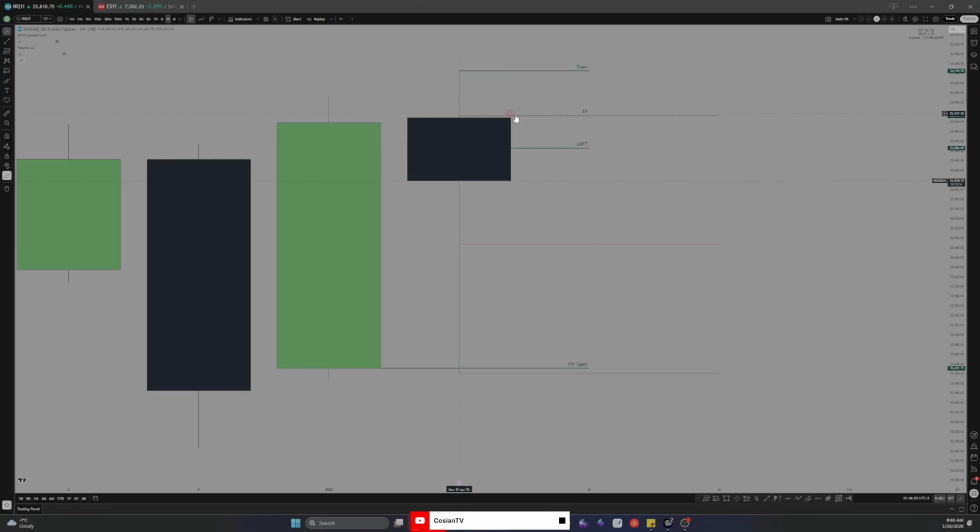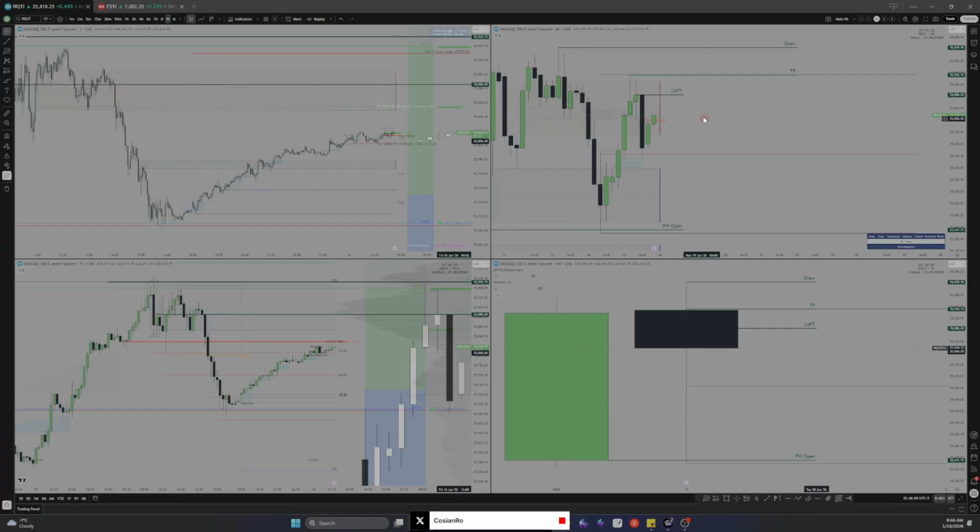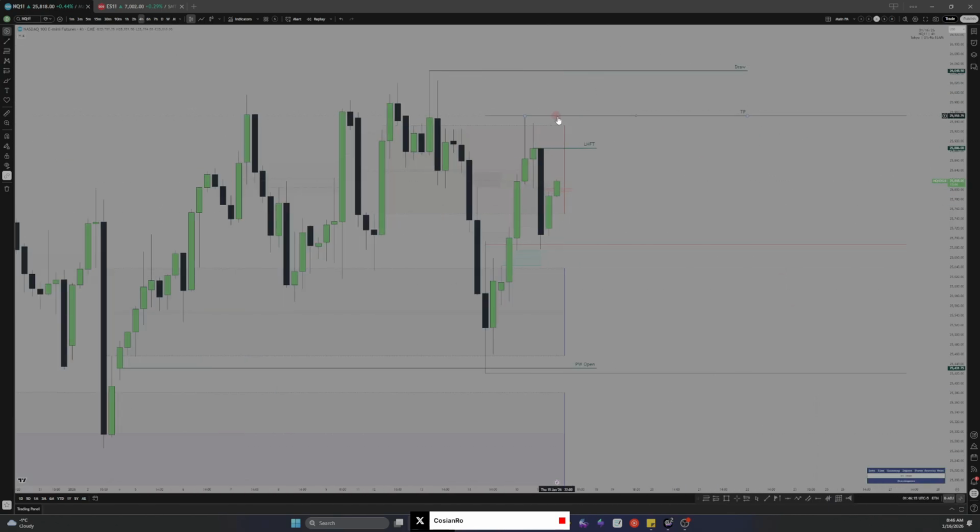So with that piece of information, we can see actually that the TP we marked for ourselves here is actually the close to the open of the candle. And considering that we have this balanced price range here, I would lower my expectation and have the ultimate TP on the edge of this imbalance right there.